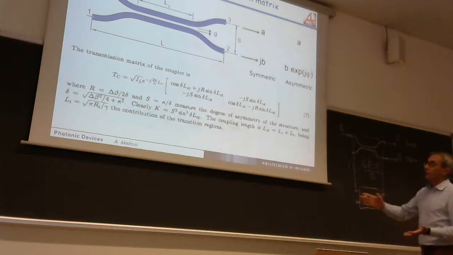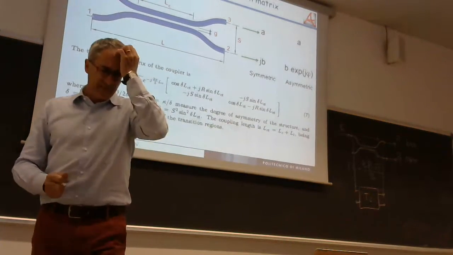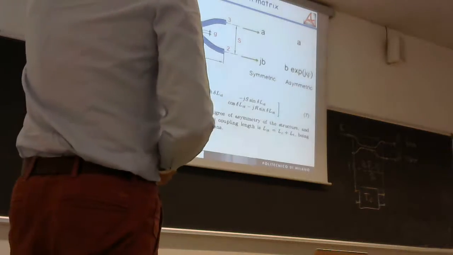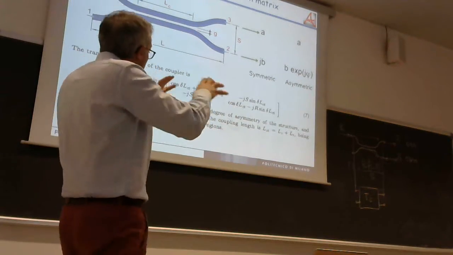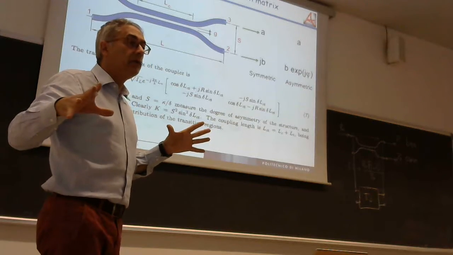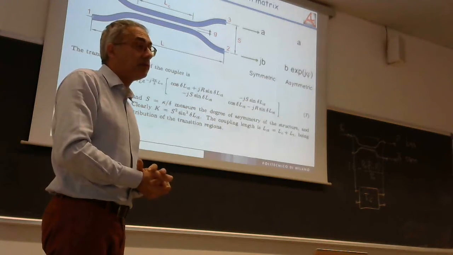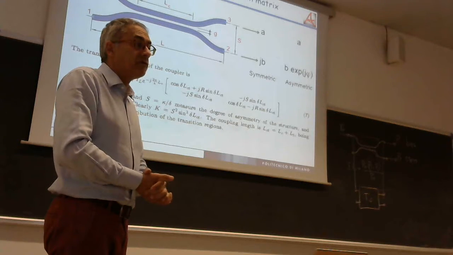And this is extremely convenient, because if you have to combine various building blocks, you want to cascade, then it's very easy. You just have to multiply the matrices together. So very simple.